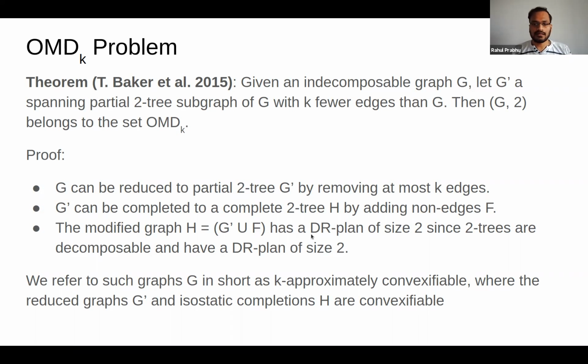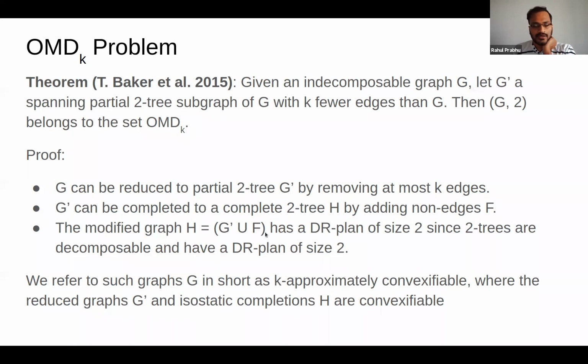Because a two tree has a DR plan of size 2, that is, a two tree is just a bunch of triangles glued together, I can always pull out a triangle and recursively decompose it this way. The modified graph H has a DR plan of size 2. If a graph has this property that by removing k edges, it becomes a partial two tree, then we call this in short k approximately convexifiable.